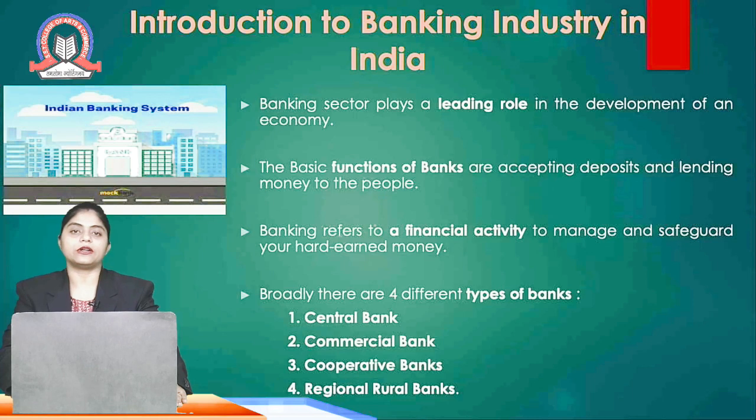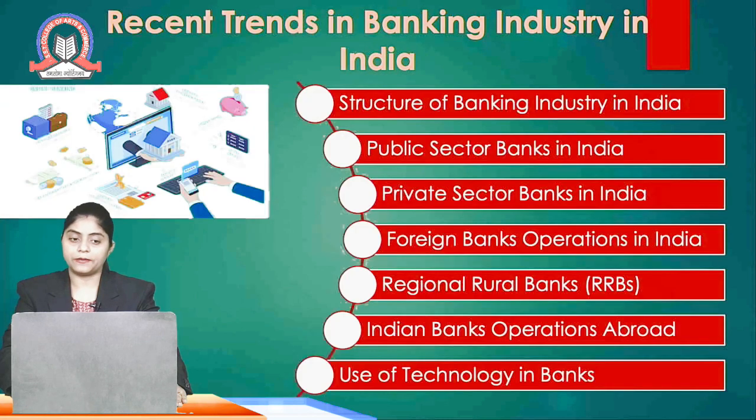The RBI Act 1934 regulates the banking sector, and in 1949 there is the Banking Regulation Act. Under that, many public sector banks and other banks follow the guidelines of the Banking Regulation Act 1949.